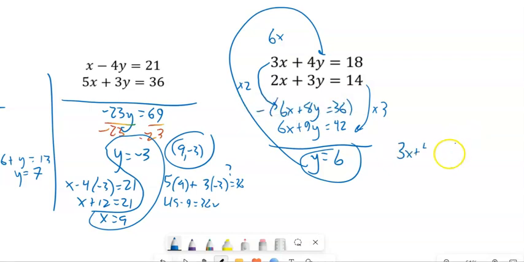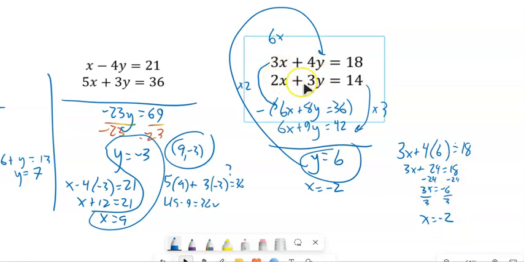So 3x plus 4 times y equals 18. So 3x plus 4 times 6, which is 24. Let's see, subtract 24 from both sides. 3x equals negative 6, divided by 3. x equals negative 2. I suspect that's true.